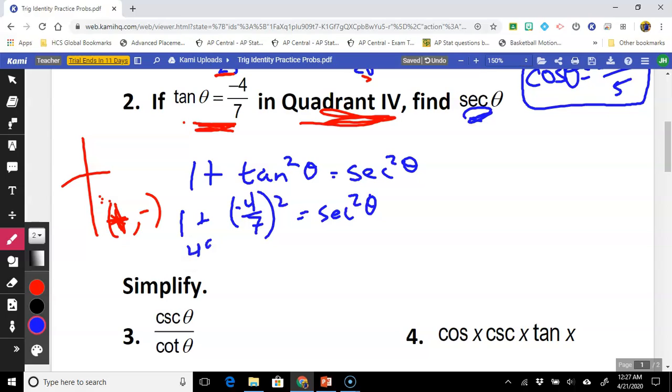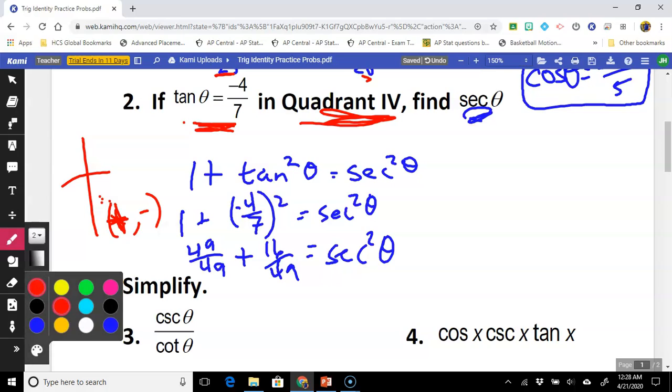That's going to be 49 over 49. And you might be thinking, why did I do that? But I'm trying to get a common denominator here. Excuse me. And I know I'm writing it sloppy, but we have 49/49, which is 1, and we have negative 4/7 squared, which would be 16/49.